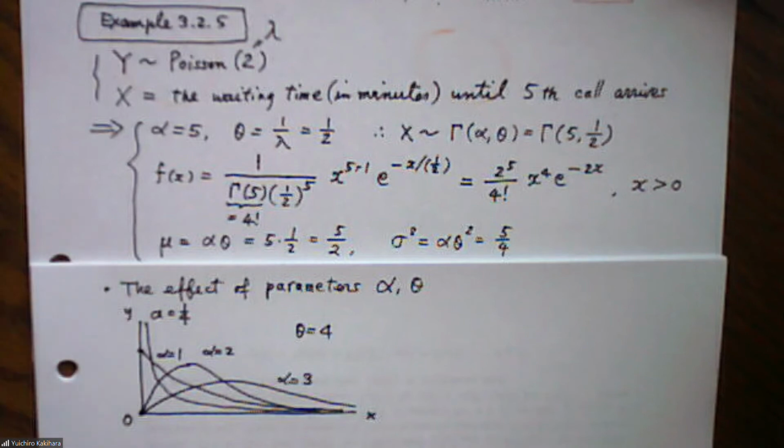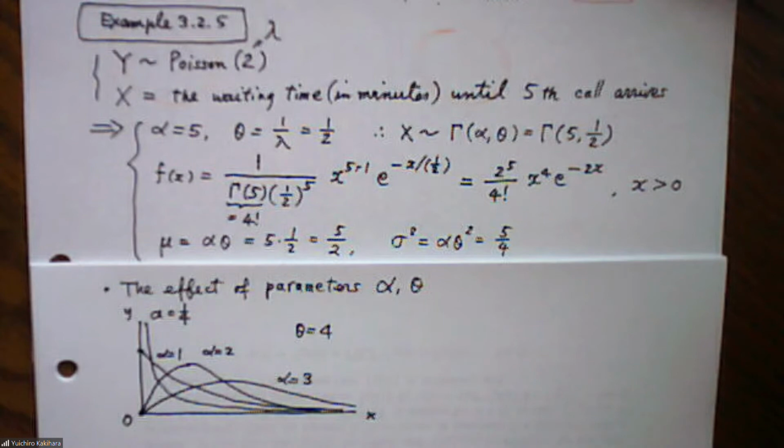And if alpha is equal to 1, then starting from some point here, the graph is just an exponential function. Otherwise, the exponent of the x term is positive, starting from the origin, and then going upward, and then somewhere afterward it's going to be decreasing. Increasing and decreasing.